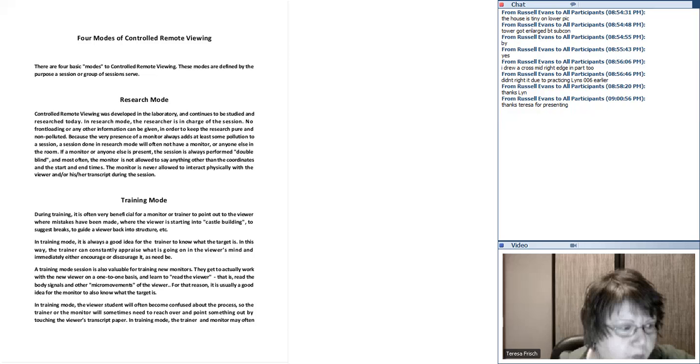And then, if the viewer says yes, repeat phase 1. If the viewer says no, go on into phase 2. And then the two switch roles so that both of them learn both the monitoring and the viewing.